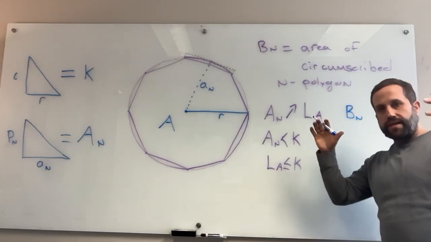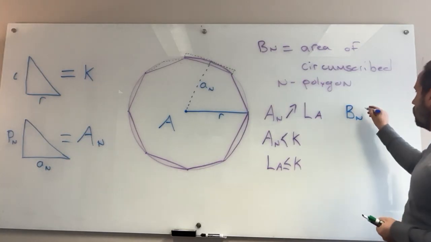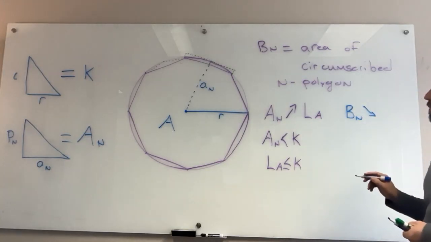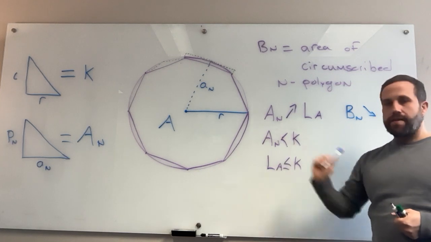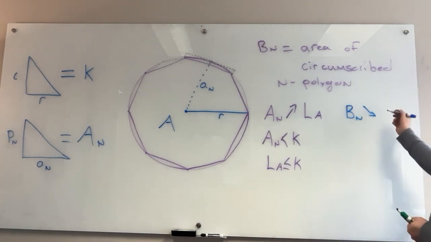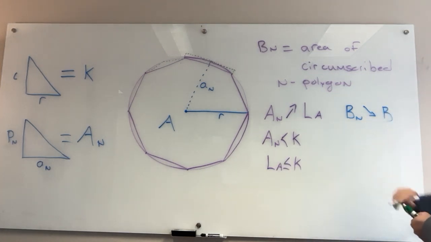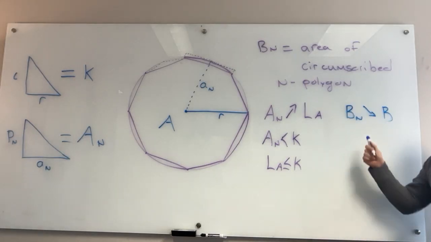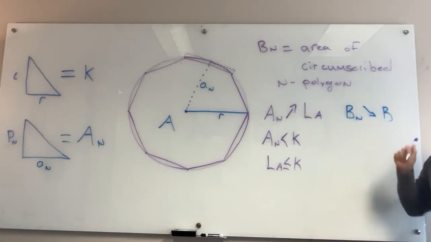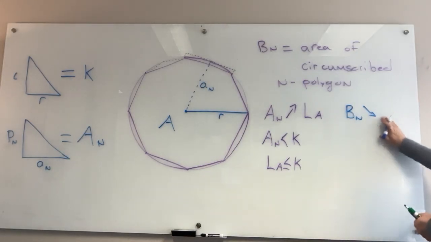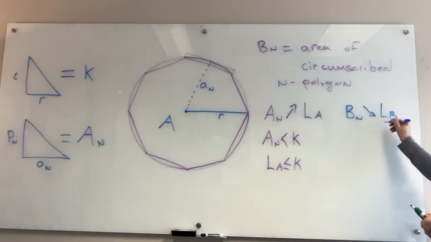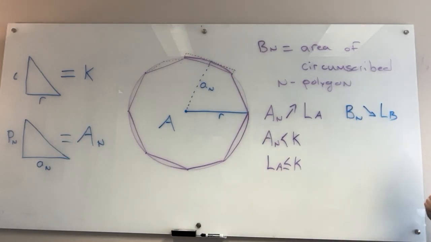Now I also know that B_n, these are the circumscribed polygons, as n goes to infinity, are shrinking and getting closer to the circle. So they're decreasing, and their areas are bounded below by the area of the circle. So B_n decreases down to a limit. Let's call it L sub B, to keep things symmetric.